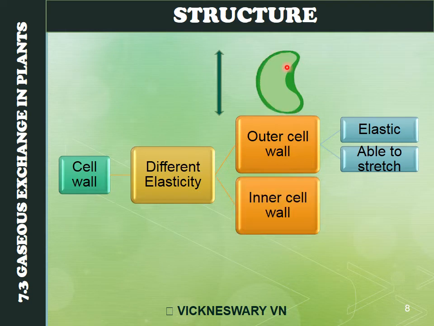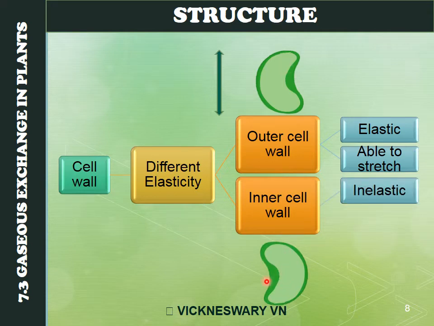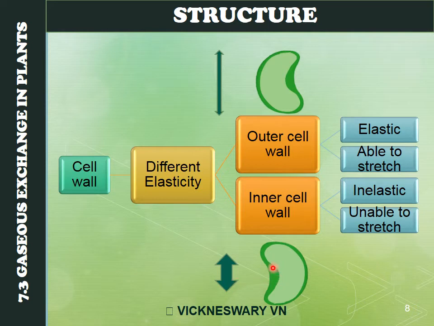In comparison, the inner wall of the guard cell, that is this part of the guard cell, is inelastic, meaning that it is unable to stretch. So no matter what happens, the length of the inner cell wall will always remain the same, causing this portion of the guard cell to be always shorter.